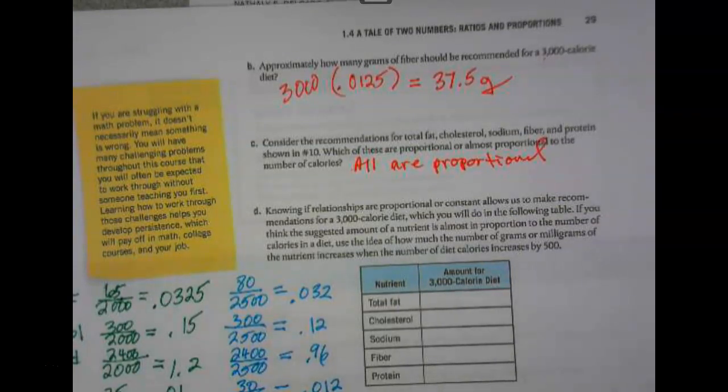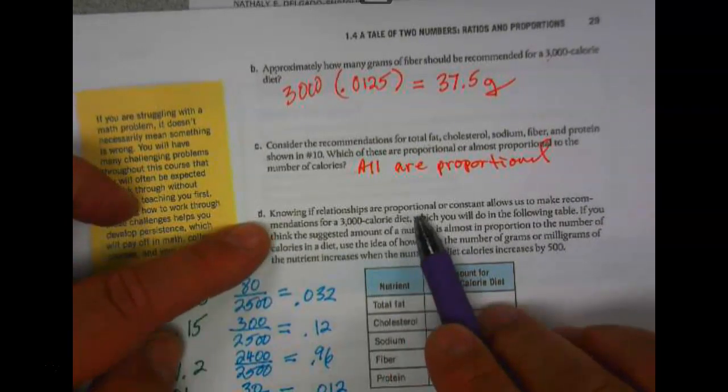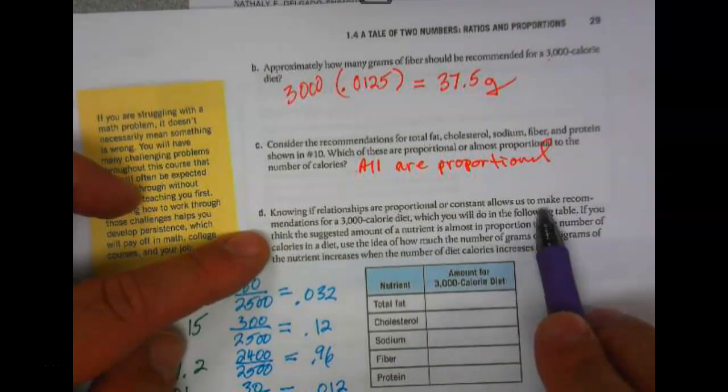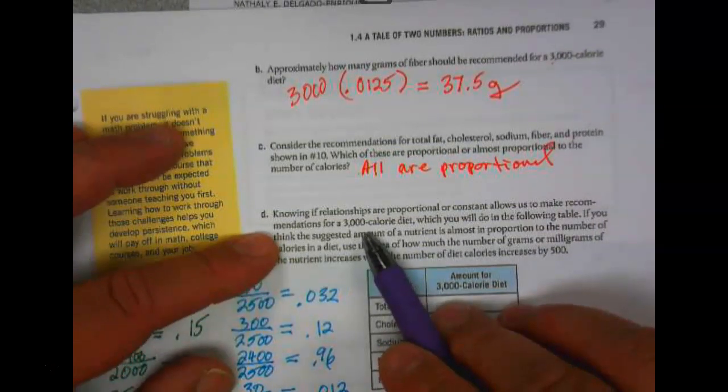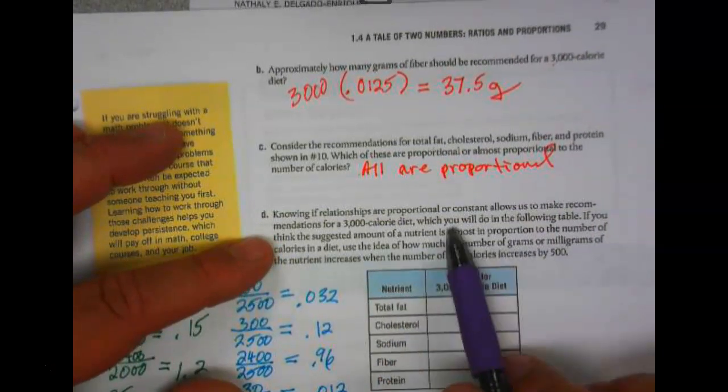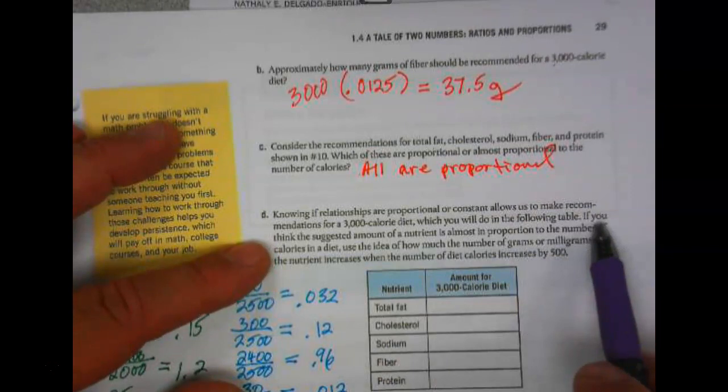Okay, let's do D. Knowing the relationships are proportional or constant allows us to make recommendations for a 3,000 calorie diet, which you will do in the following table.